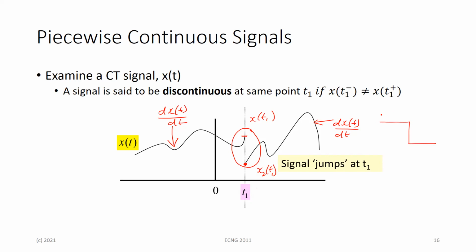So what you had was x1 at t1, just before this sudden discontinuity occurred, and then afterwards we had a value here which was x2 at t1. So there was a step change.